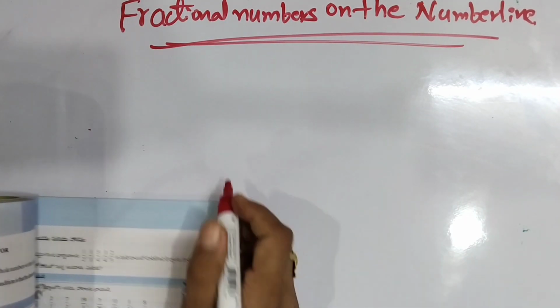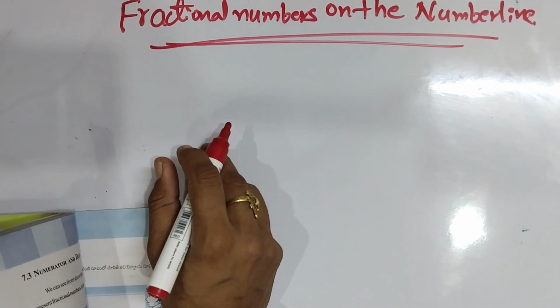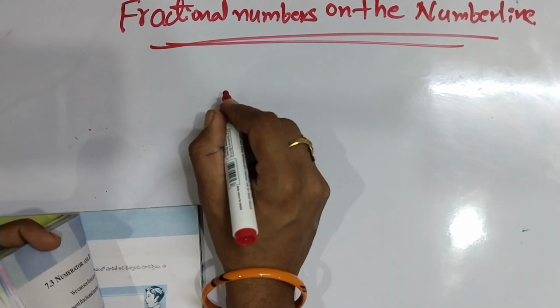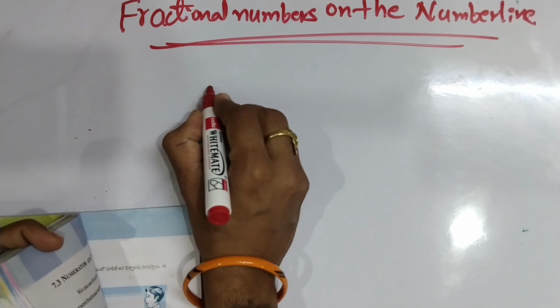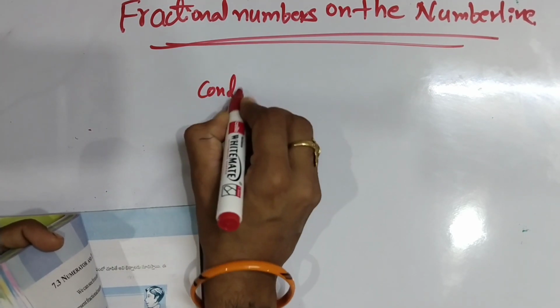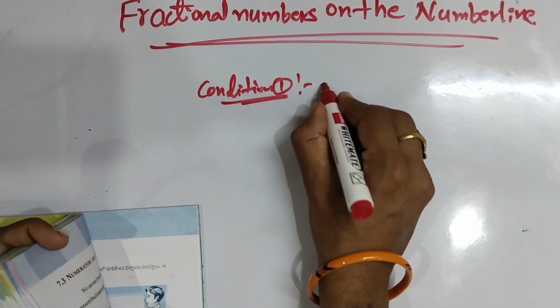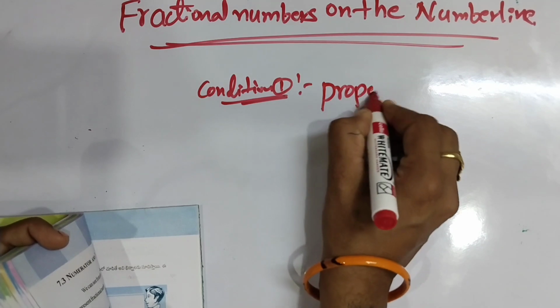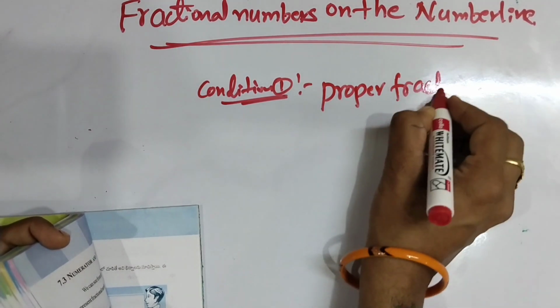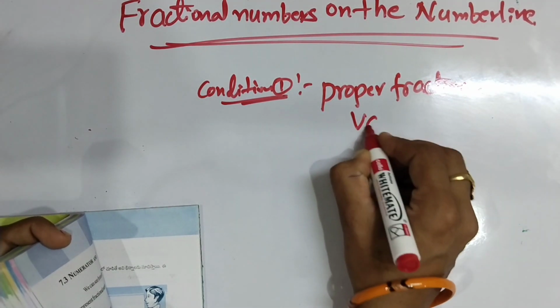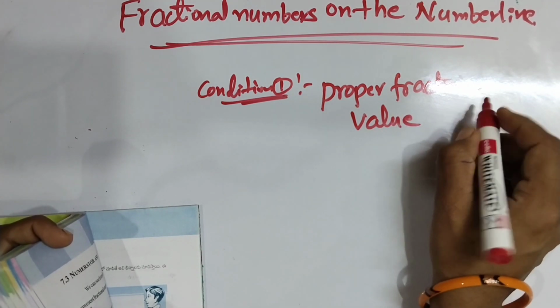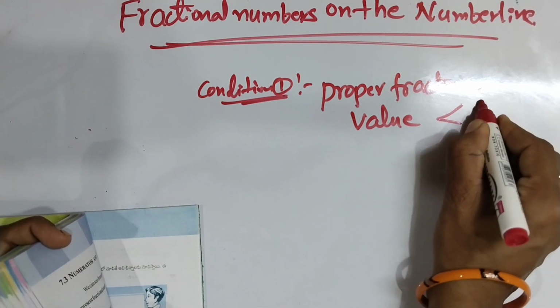At first we have to learn one condition. Condition 1 is: a proper fraction value is always less than 1.